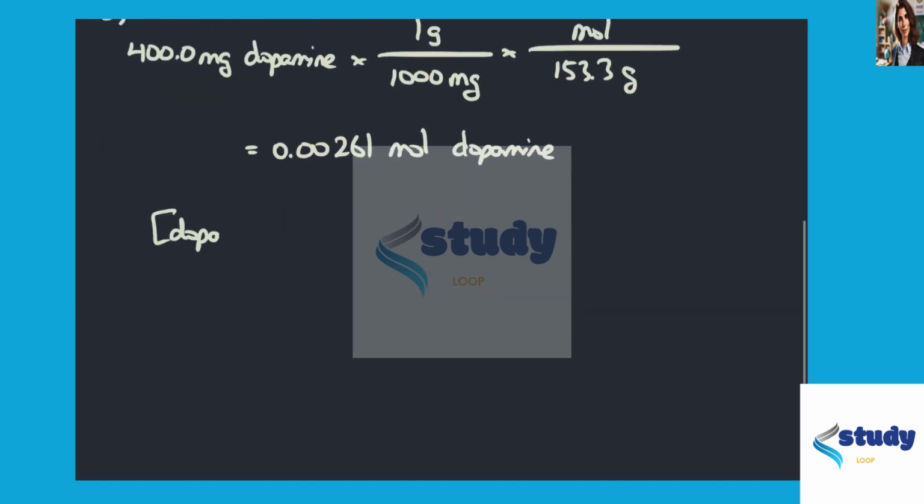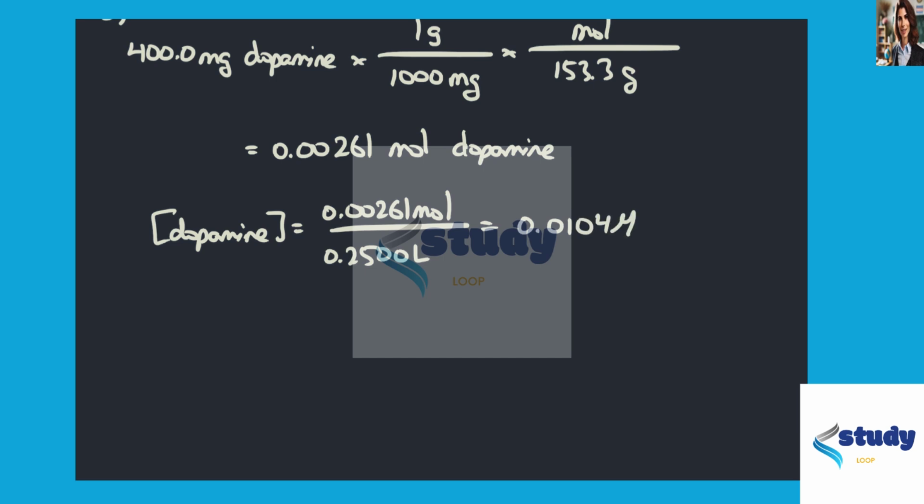And we can solve for the molarity of the dopamine, which would be equal to the 0.00261 moles divided by the volume, 250 milliliters, converted to liters, and this would work out to 0.0104 molar.